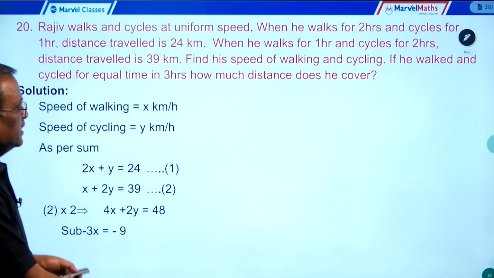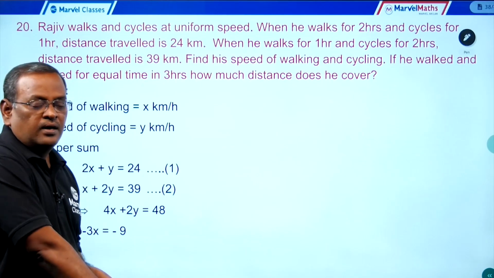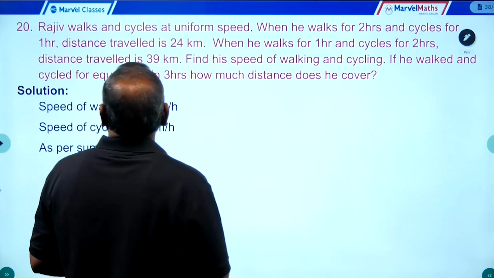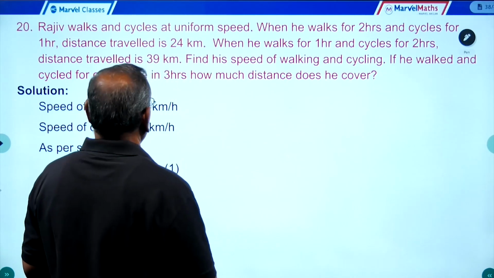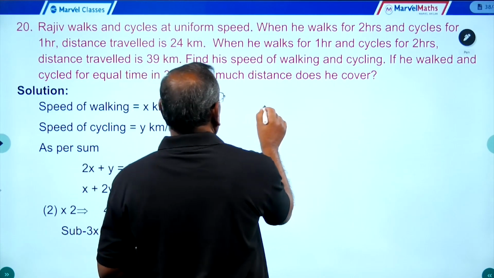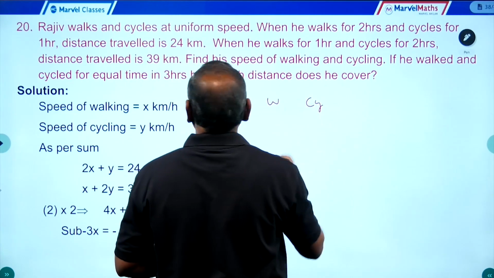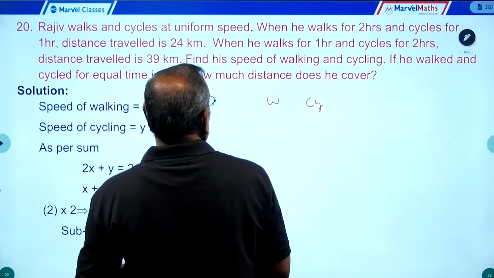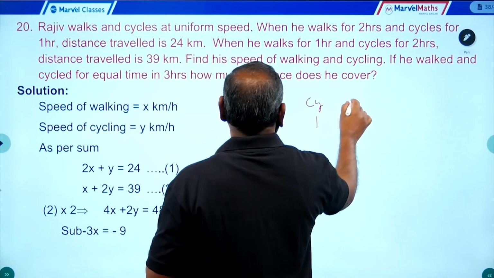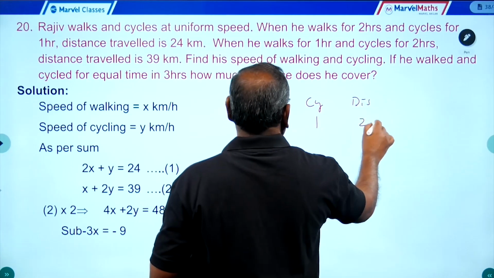And this is another problem based on speed, distance, and time. Rajiv walks and cycles at uniform speed. When he walks 2 hours and cycles for 1 hour, the distance travelled is 24 kilometers.